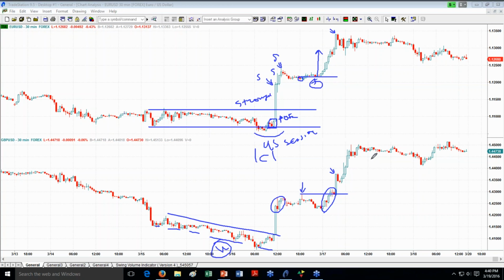There might be some importers, exporters coming in during this period right here, and they're like, I need to buy pounds and I have US dollars. So they're just going to start buying without even thinking about the structure or anything like this. They just need to buy a pound. So therefore, they can push the price like that.